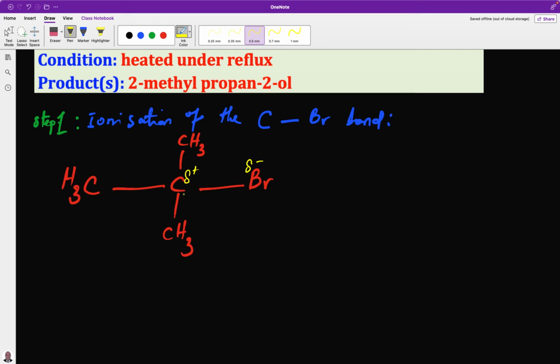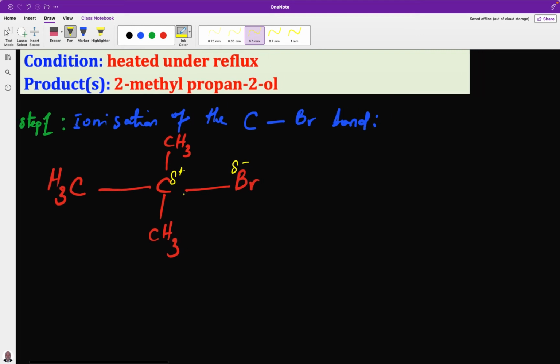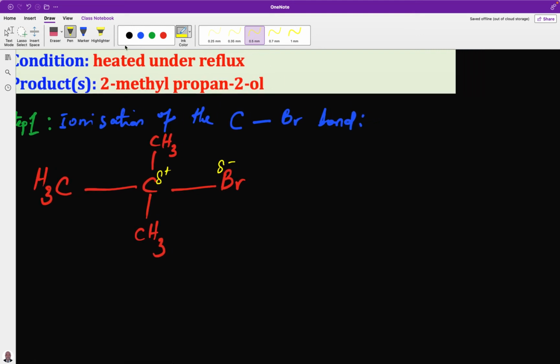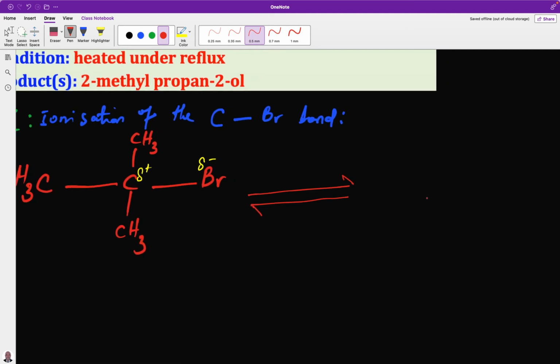This is a slow step, and it's a reversible reaction, resulting in a carbocation. A carbocation is formed here.